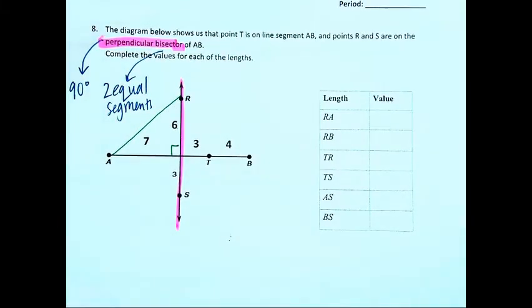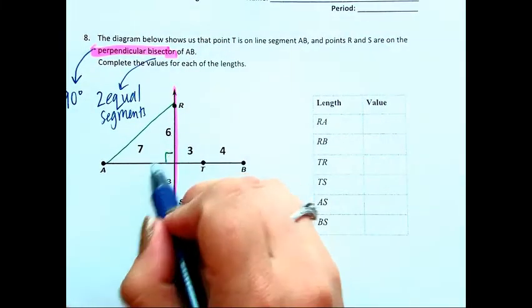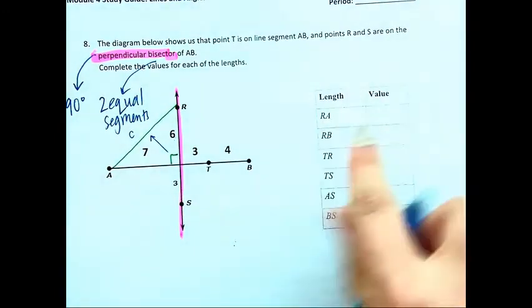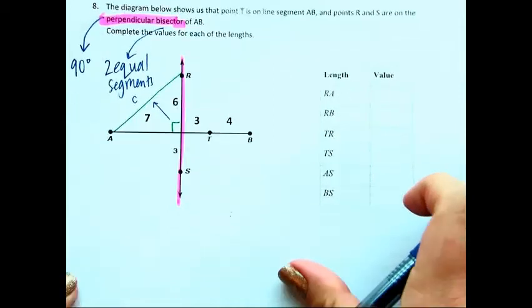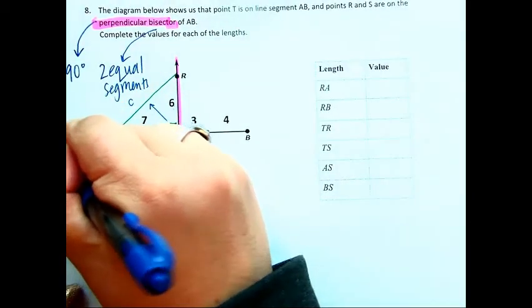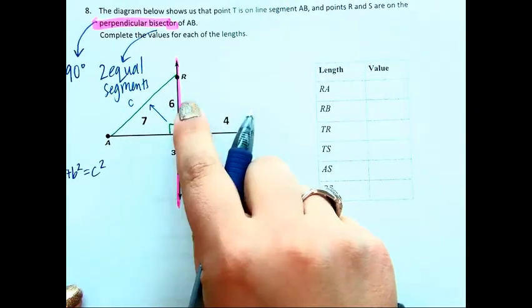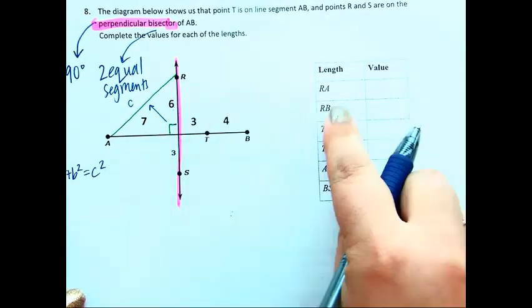So what I have here is a right triangle with two of my legs being 7 and 6, and I'm looking for that hypotenuse. So in order to find RA, we need to use Pythagorean theorem. Pythagorean theorem is a squared plus b squared equals c squared, and a and b are going to be 6 and 7, my legs, to find RA.